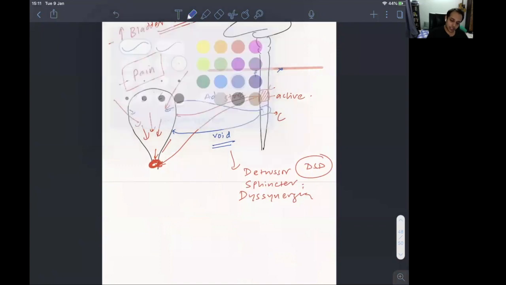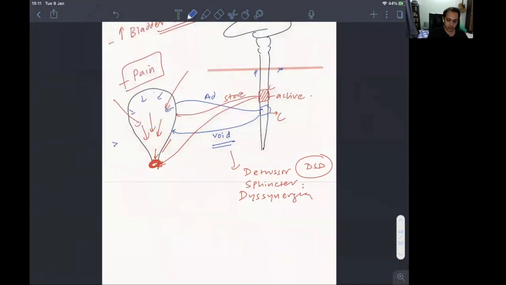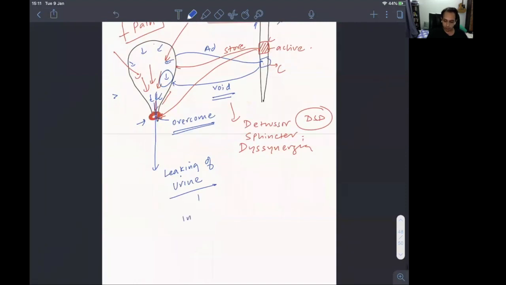Now, eventually the pressure will cross a threshold and then your internal sphincter will get overcome, because there is so much pressure. And so some urine will leak out. So there will be leaking of urine. And when some urine gets leaked out, the pressure will decrease and then the internal sphincter will again shut.